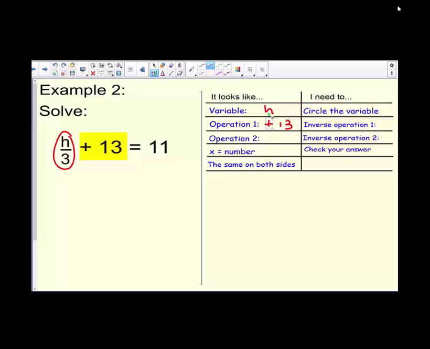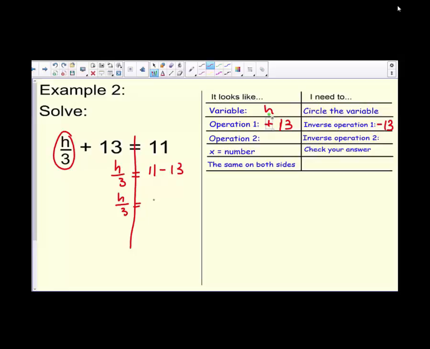So what's the inverse operation or the opposite operation? It would be subtracting 13 to the other side. So I'm going to write h over 3 equals 11 minus 13.